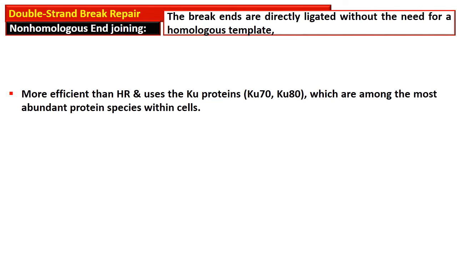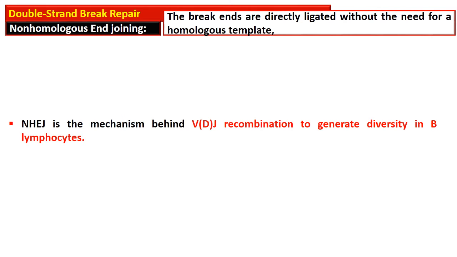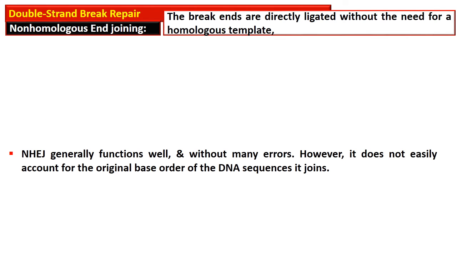They are more efficient than homologous repair, and they use Ku70 and Ku80 proteins, and this is the mechanism behind VDJ (variable, diversity and joining) recombination that is responsible for the generation of diversity in B lymphocytes.